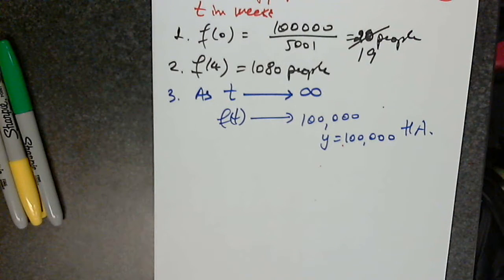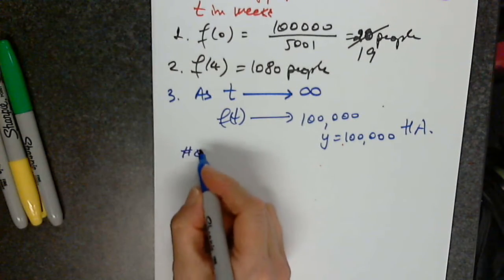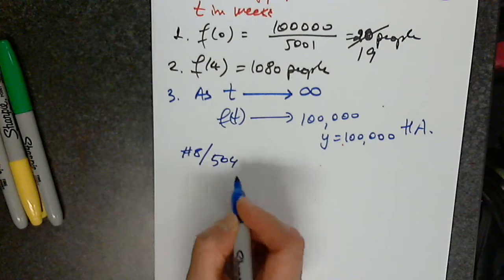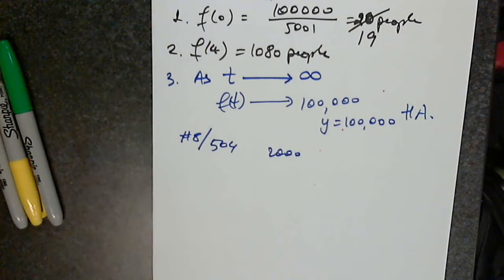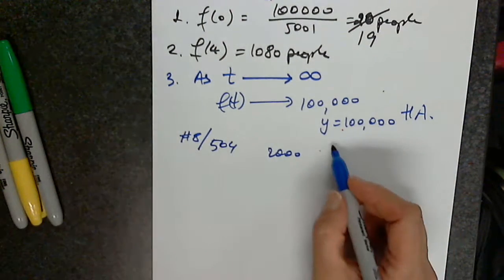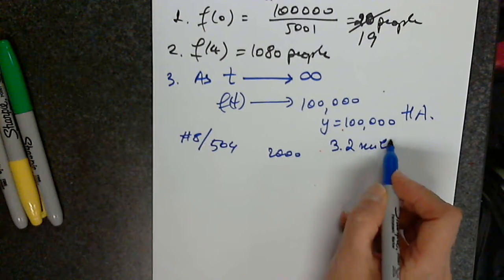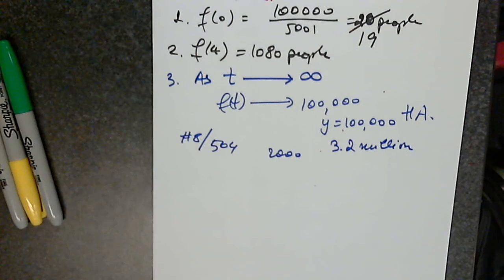Let's talk about number 8 on page 504. In the year 2000, the population of the Palestinians in the West Bank, Gaza Strip, and East Jerusalem was approximately 3.2 million. I'm taking notes as I read.